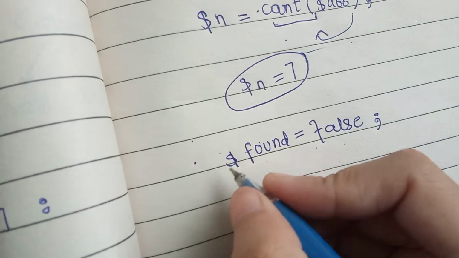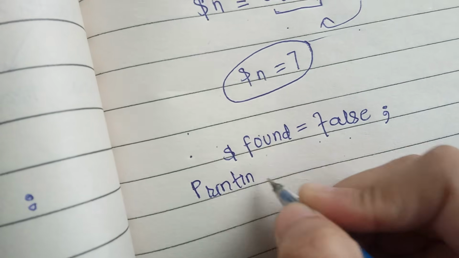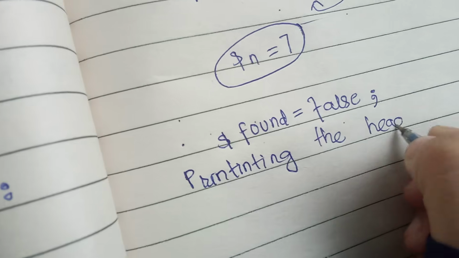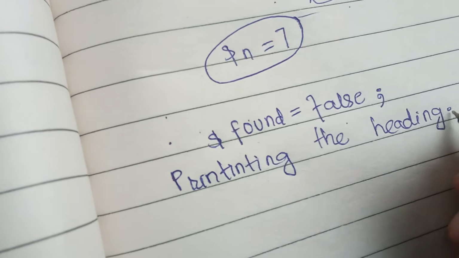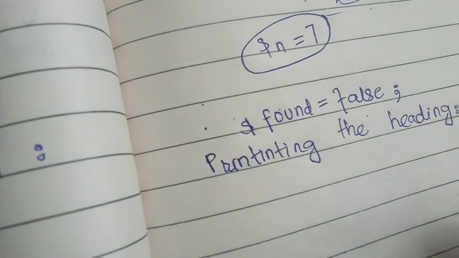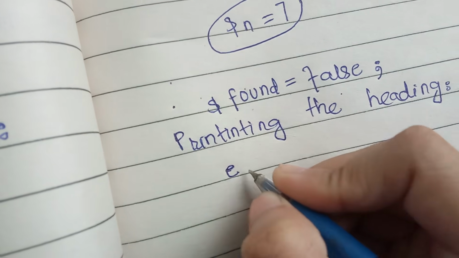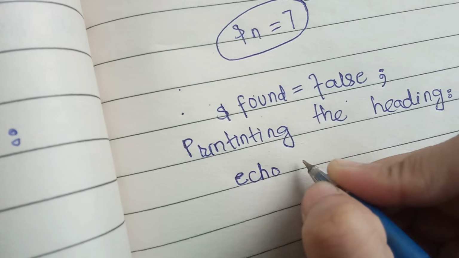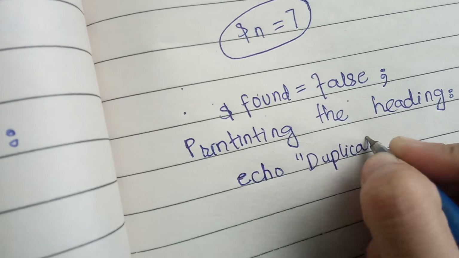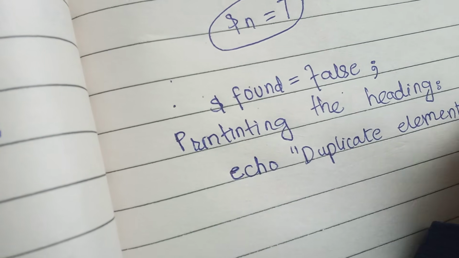Step 4 is printing the heading, the output basically. We know that the printing function is used as echo. Duplicate elements.